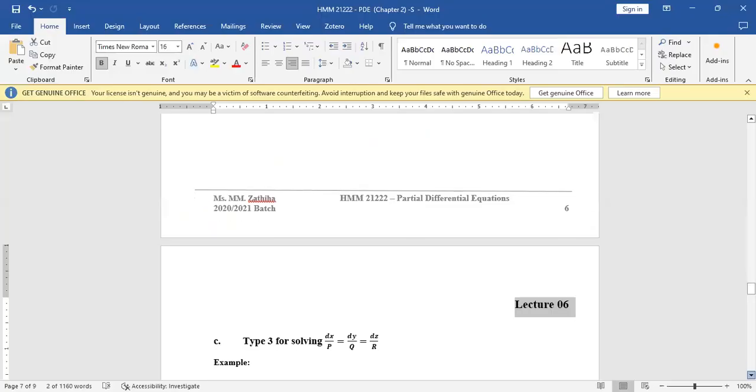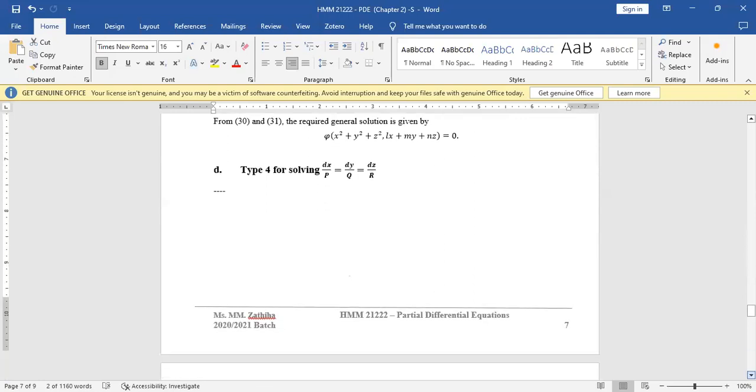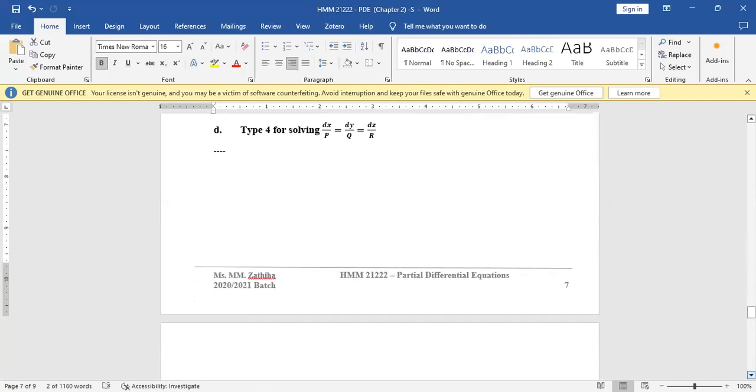Let me continue. Type number 4. There is one more similar one, but with a little bit of difference. You can put the heading. I don't have the typed notes, but I will write them for you.